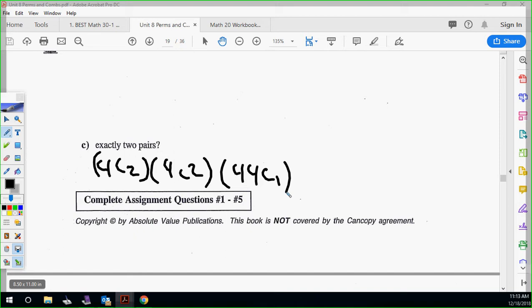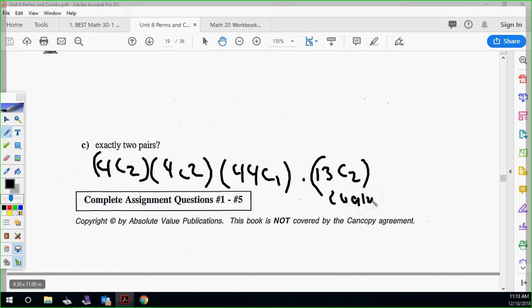All right, so the other thing we have to think about is that we got 4 choose 2, 4 choose 2, and then 13 choose 2, which stands for the 2 values for the pairs.